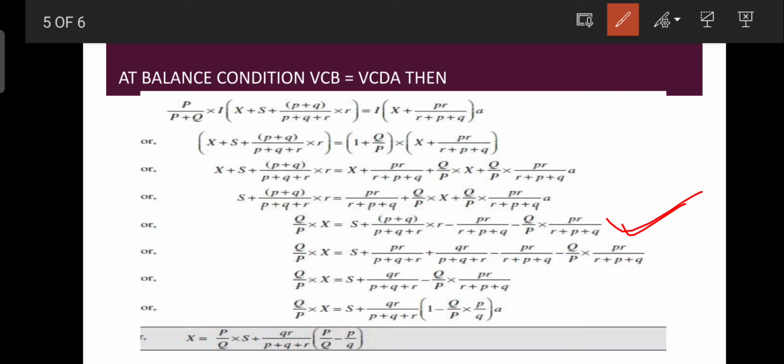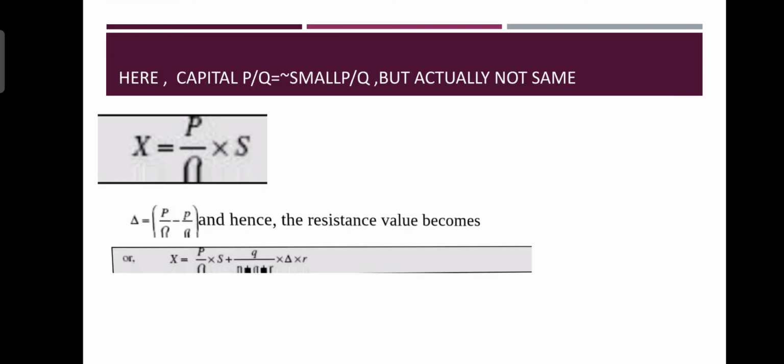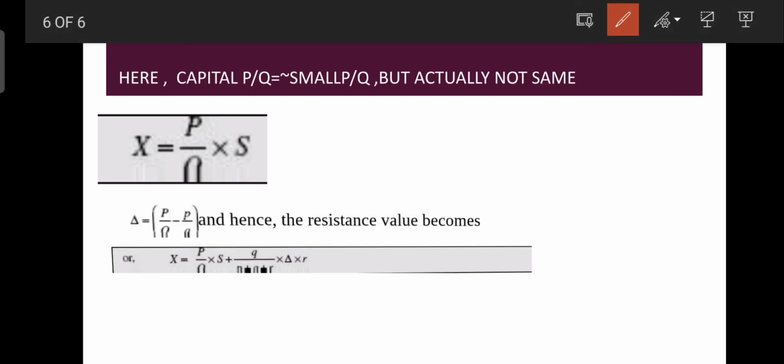Now by calculating all those, we will get X is equal to P by Q into S plus QR divided by (P plus Q plus R) into (P divided by Q minus small p divided by Q). Here capital P by Q is nearly equal to small p by Q, but actually it is not the same.